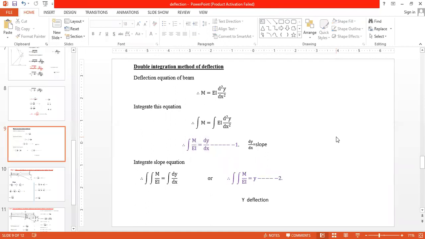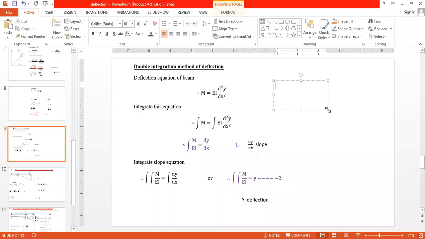Shear force is the change in bending moment, and the intensity of load is the change in shear force.